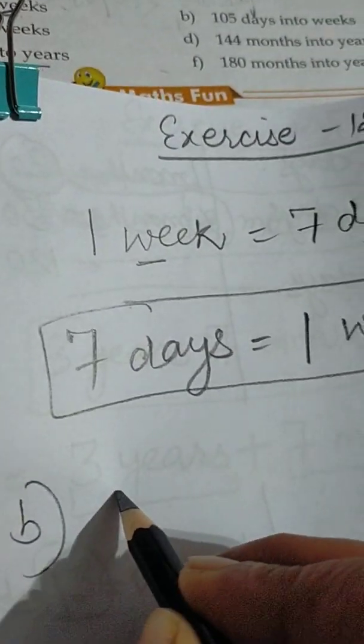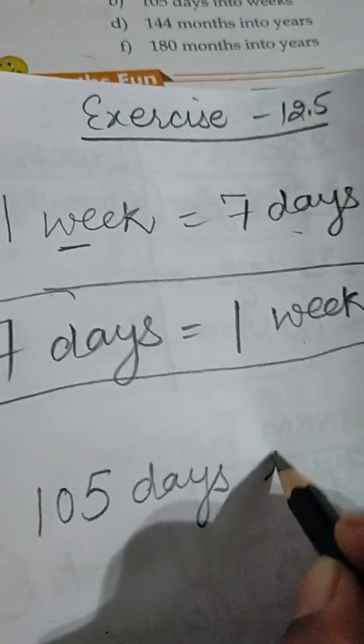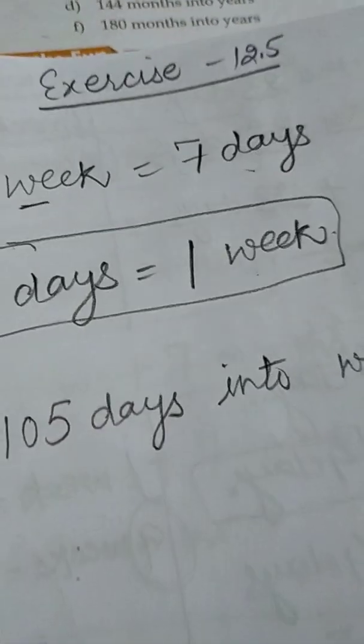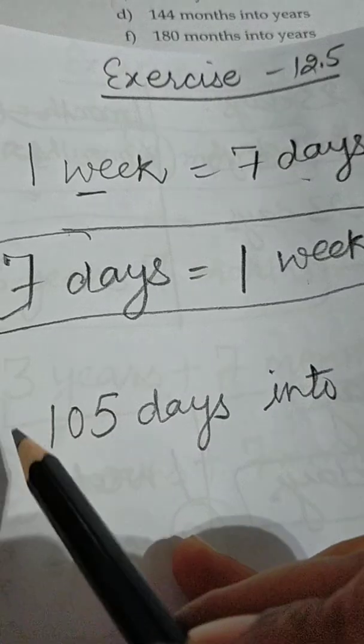I am going to solve B part. What is the question? What is the statement? 105 days into weeks. We have to convert 105 days into weeks. So how we will write? Firstly, we will write this.